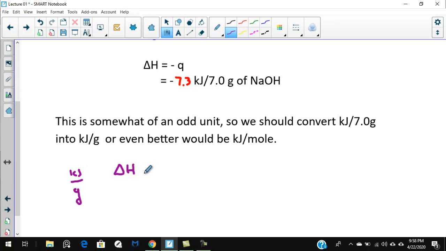So right now we have negative 7.3 kilojoules per 7 grams. Well, if we want to fix that, all we really need to do is divide this through. We don't have to add any new units or anything.